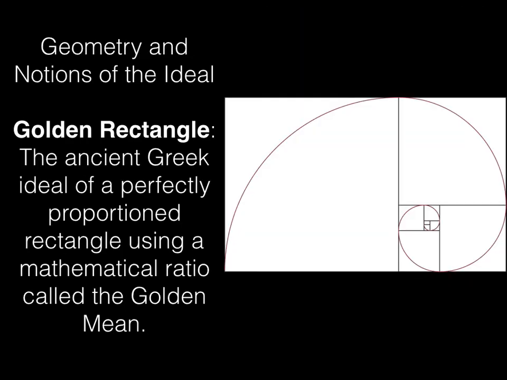Okay, so let's talk about geometry and more notions of the ideal. This is the golden rectangle, and this is the ancient Greek ideal of a perfectly proportioned rectangle using a mathematical ratio called the golden mean. We're going to talk a little more about the golden mean in a second, but we're really thinking about idealism and ratios. The ancient Greeks desired to discover proportions, and they took the form of mathematical ratios.